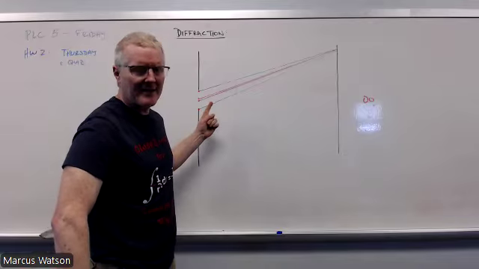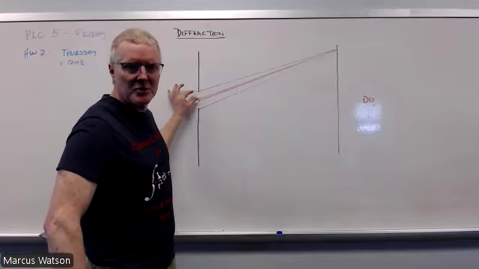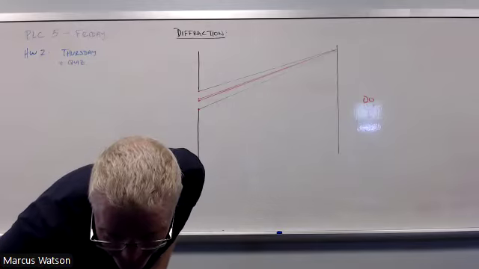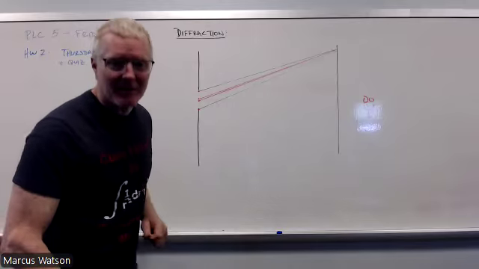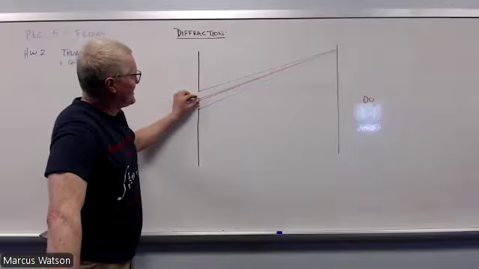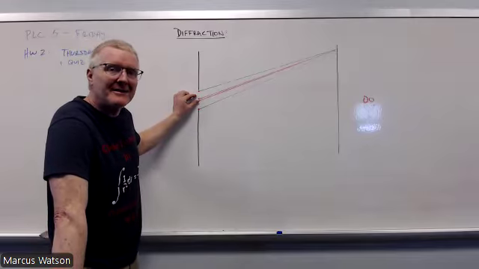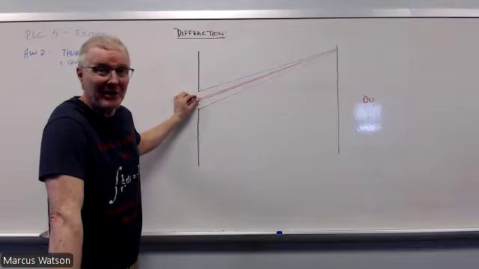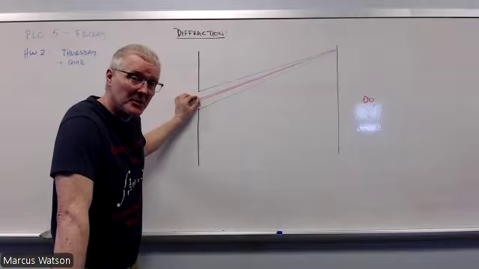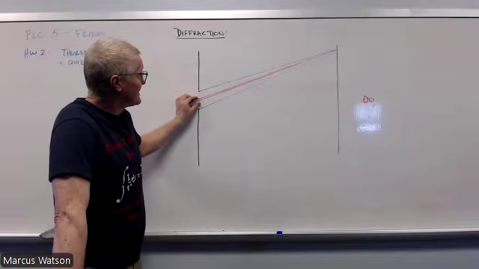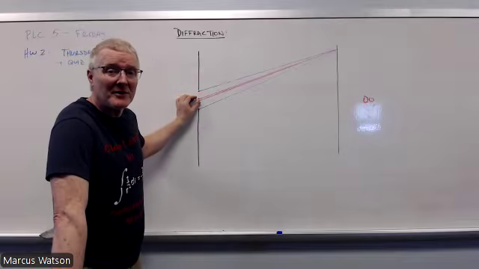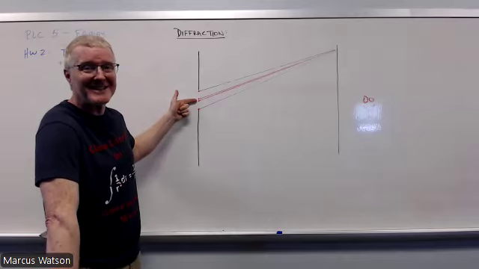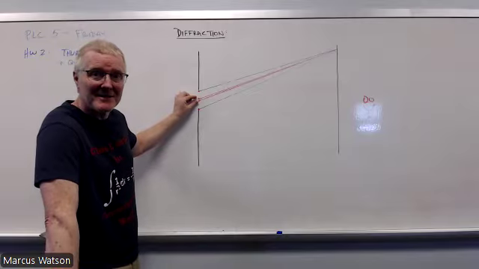If I take a look at these two paths that I just drew, can you kind of see that they're a little bit different? If I consider the path length difference between these two inner rays, would you say that's very large or very close to zero? I would hope you would say very close to zero, because these two are traveling almost the exact same distance.